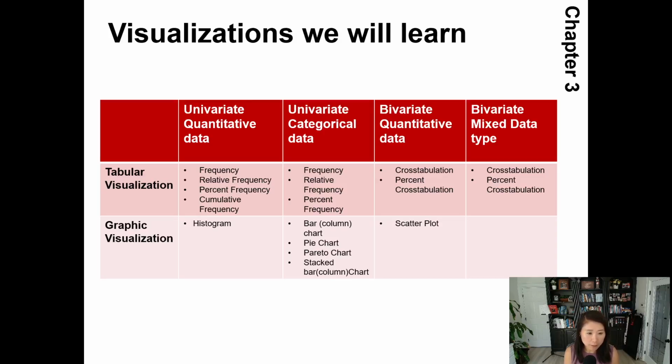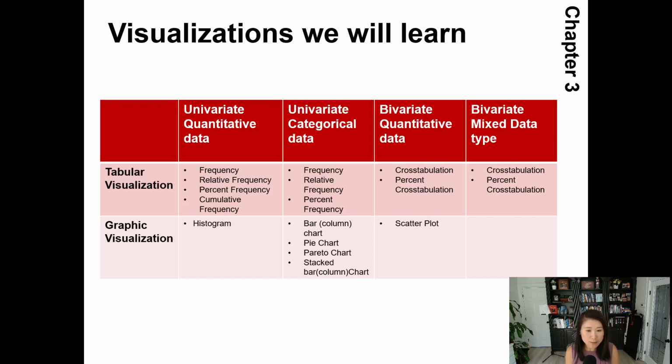If you are dealing with univariate quantitative data, just one variable, one column, such as age or the number of years in school, then for tabular visualization, basically creating a table, we're going to learn frequency distribution, relative frequency, percent frequency, and cumulative frequency. If you want to create a chart or diagram, we're going to learn the histogram.